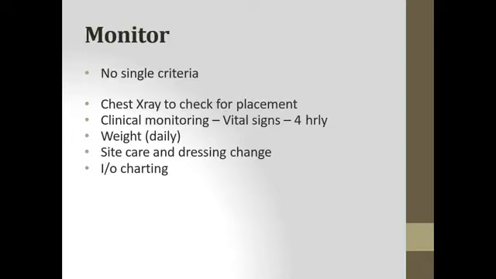For checking the CVP line, we have to do a chest X-ray for the placement of the CVP, clinical monitoring 4-hourly, and daily weight of the patient. We care for the site where we have placed the CVP line with daily dressing changes, and we monitor intake output charting.